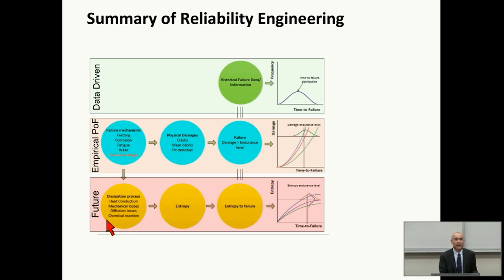So the idea is, for every failure mechanism, find the entropy which is generated, and instead of the capacity or endurance, find an endurance to entropy for each item. Therefore, entropy would increase over time until it reaches the endurance to entropy, and a failure occurs.